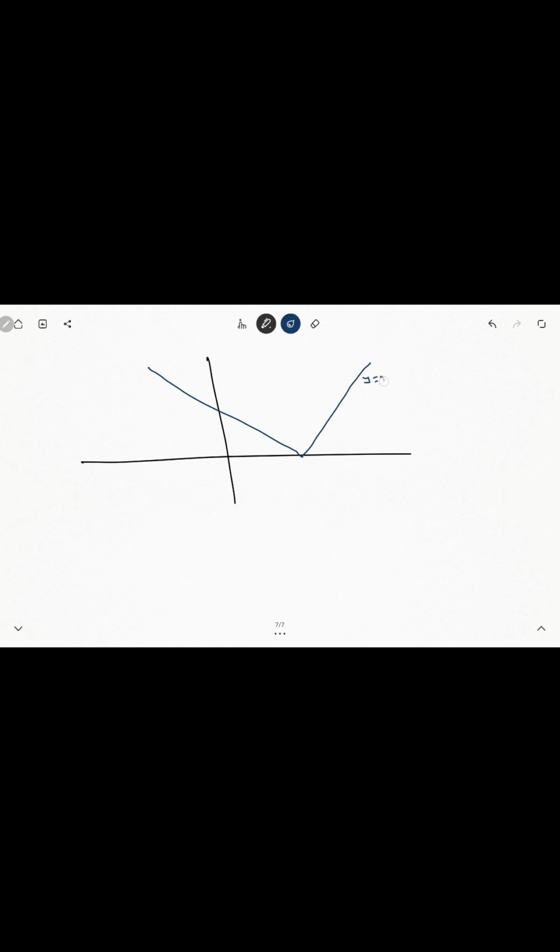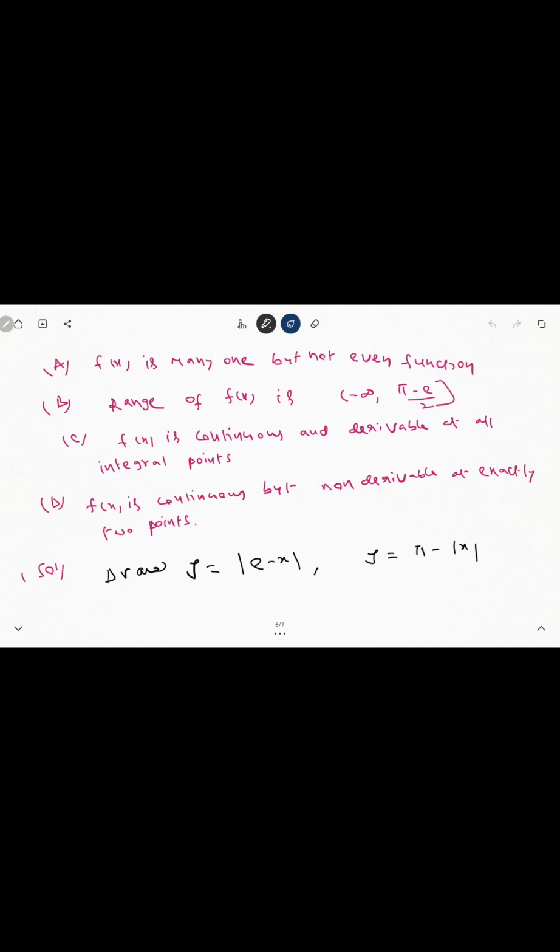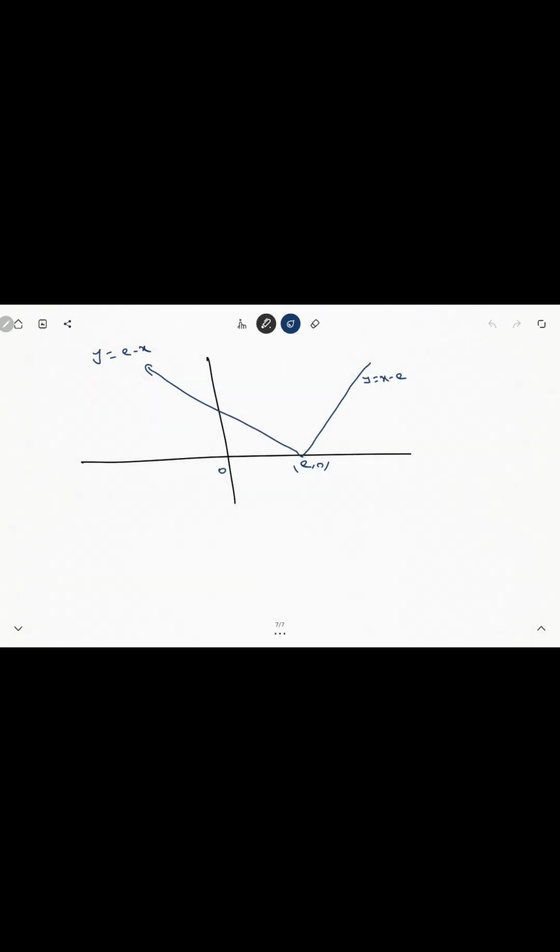So it is y is equal to x minus e, positive slope. It is e comma 0. What about this line? y is equal to e minus x. Because plus or minus we are getting like this, same as mod x, but shift the graph e units towards right side from the origin.